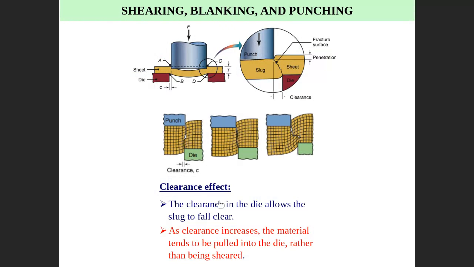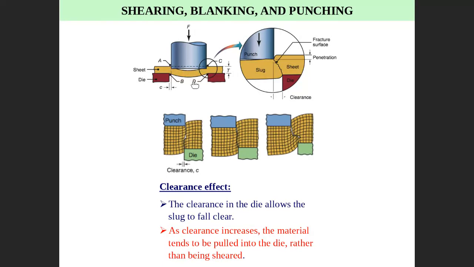In a shearing process, it is very important to adjust the clearance. What clearance? Clearance is the difference between the diameter of the punch and the diameter of the die. This is the punch diameter, and this is the die diameter. Finally, the punch will move inside to cut.